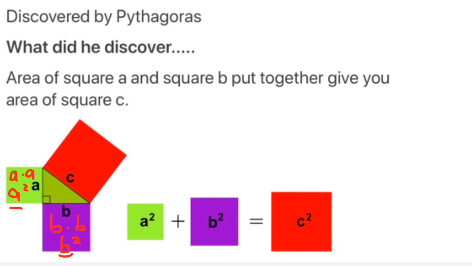It would give you the area of the hypotenuse square, c times c, or c squared. So the area of these two squares added together equals the area of this square.